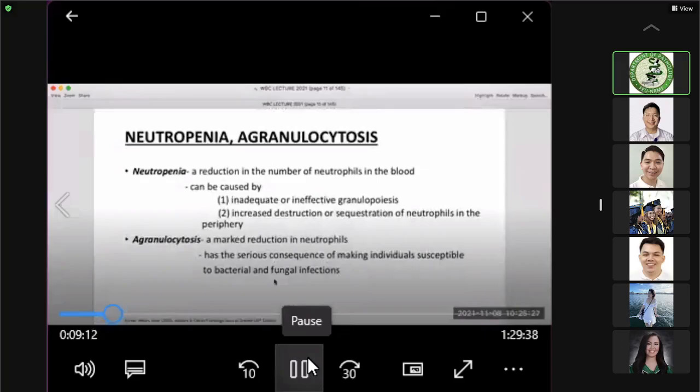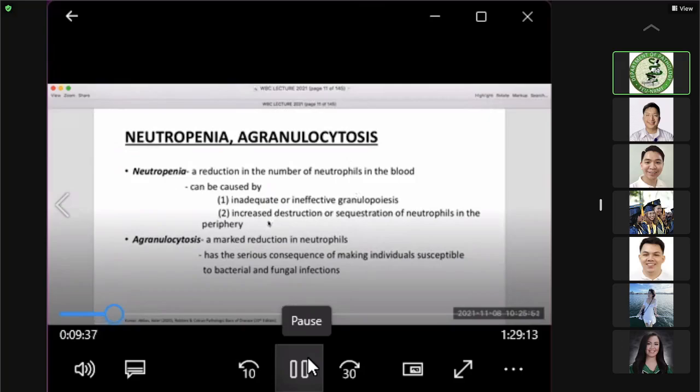Specifically, if you're looking at neutropenia, there is a reduction in the number of neutrophils in the blood. Neutrophils, because it's neutropenia. This can be caused by inadequate or ineffective granulopoiesis, so the production is the problem.